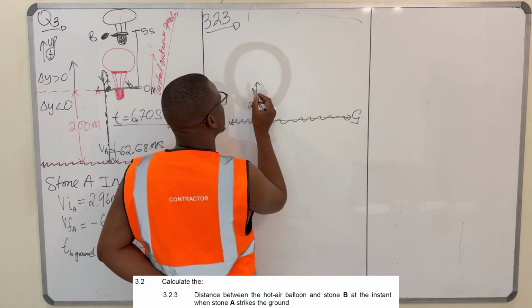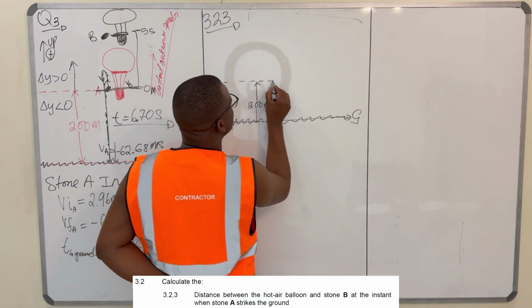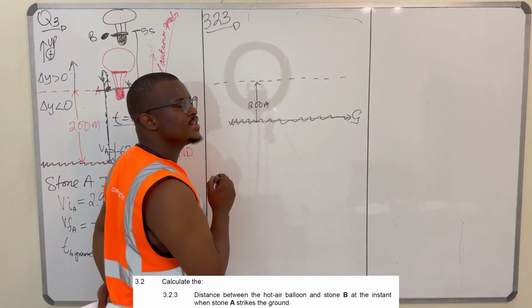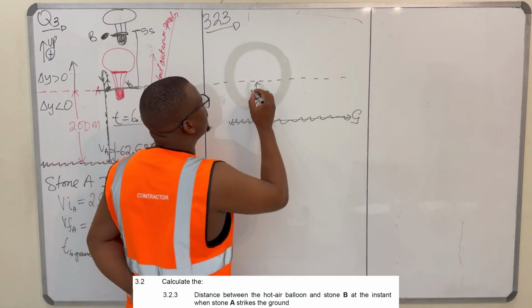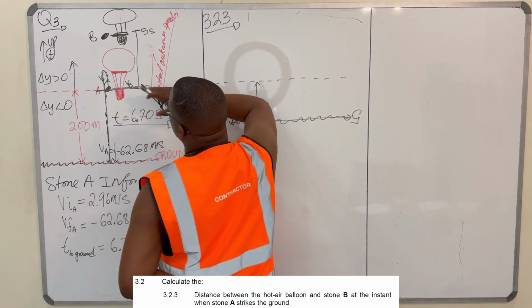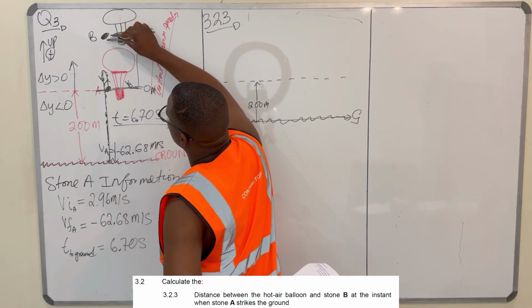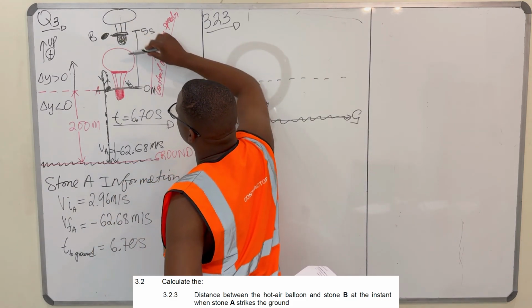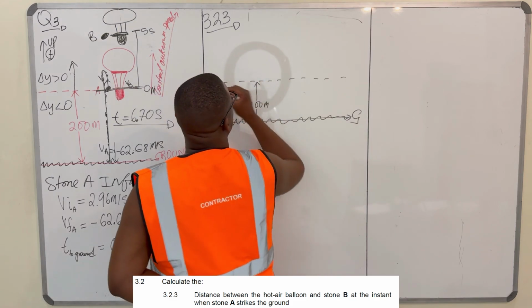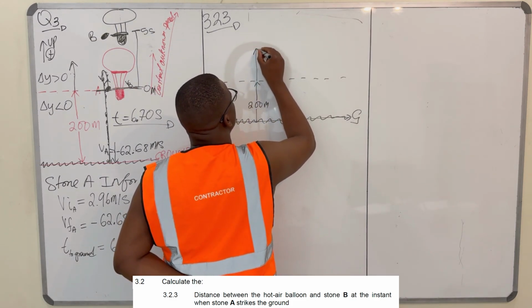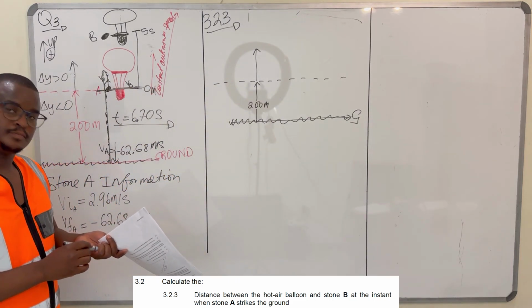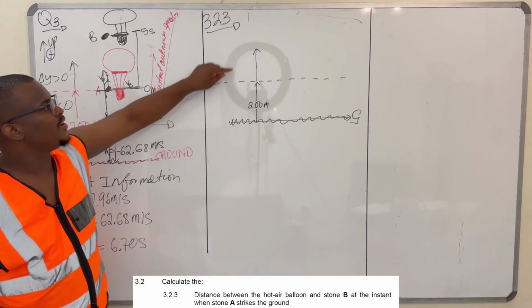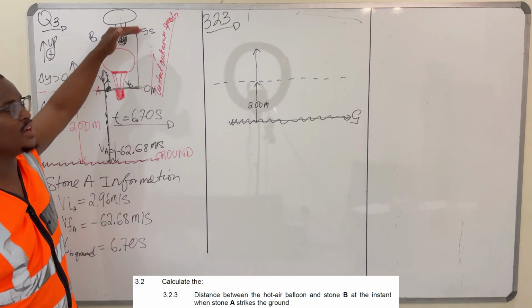This is where everything started. And we know that stone B was dropped 5 seconds later. That's what we are given.